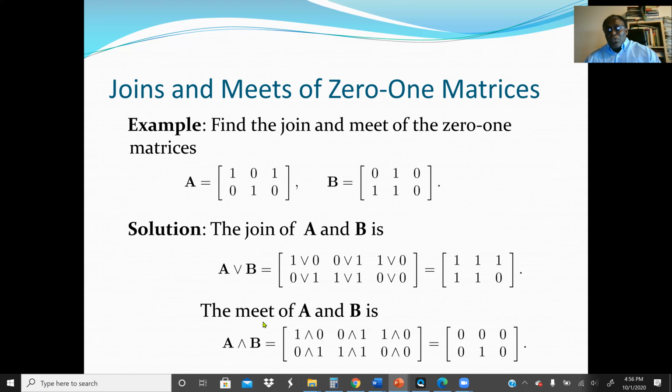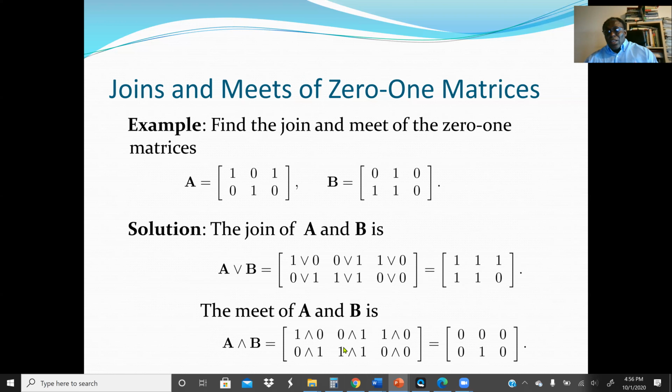For the second one, they say find the meet of A and B. So we take the elements of A and B: 1 and 0, 0 and 1, 1 and 0, then the second row, 0, 1, 1, 1, 0, 0. I know 1 and 0 is 0, 0 and 1 is 0. With conjunction, even if you have 100 elements, if one is 0, all of them will be 0.